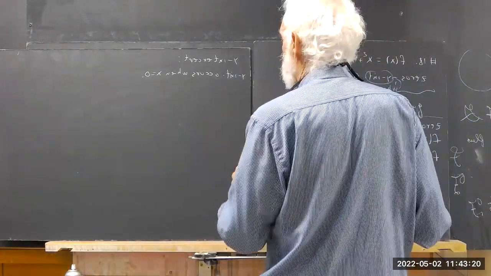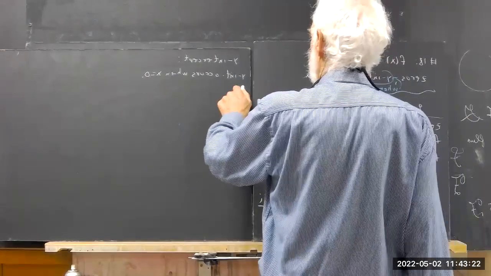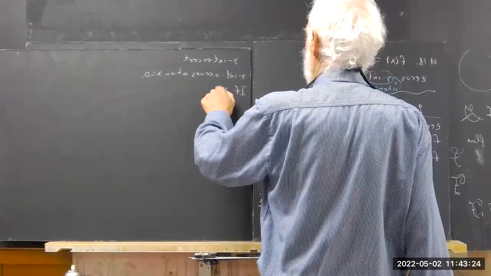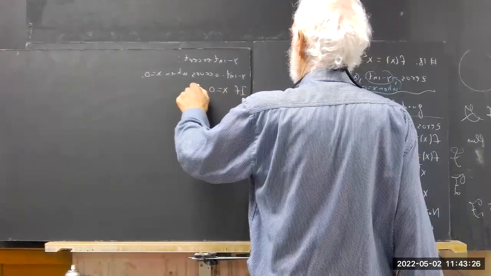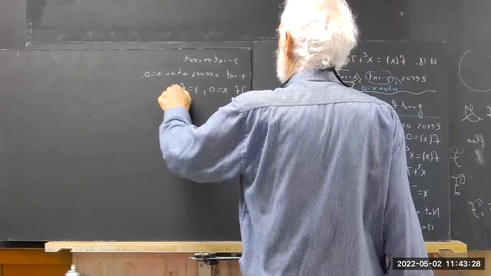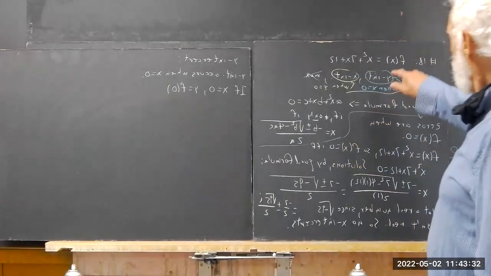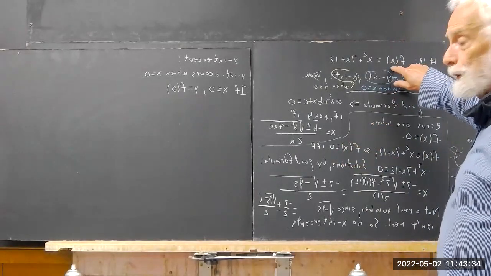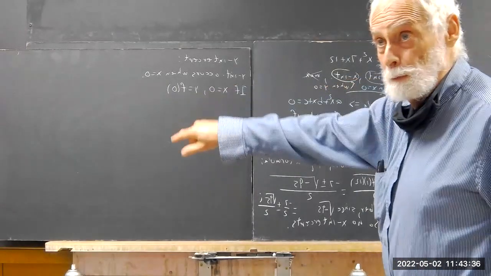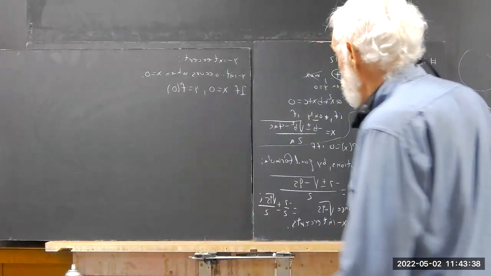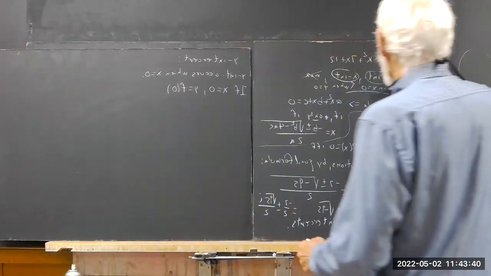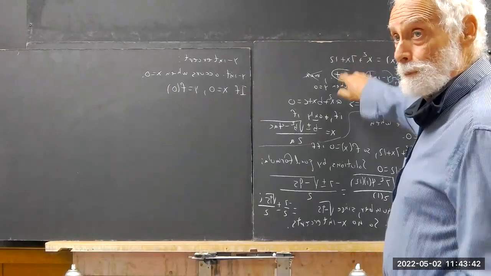Well, if x equals 0, then since the function is f of x, y is f of 0. Of course, f of 0 is what you get when you replace x by 0.